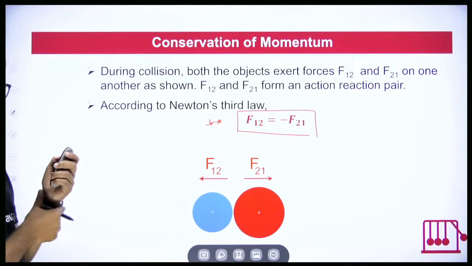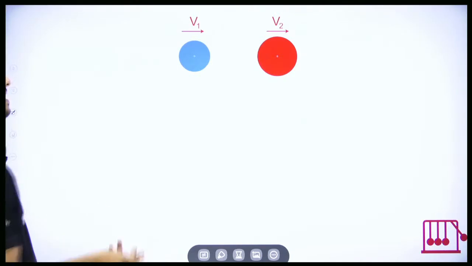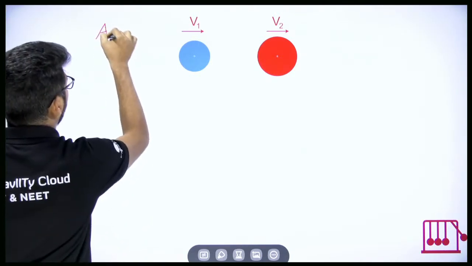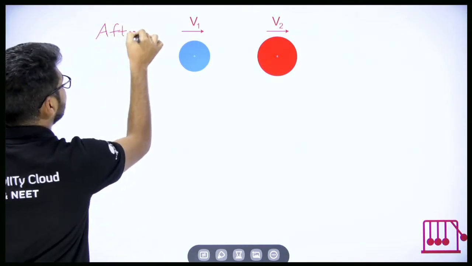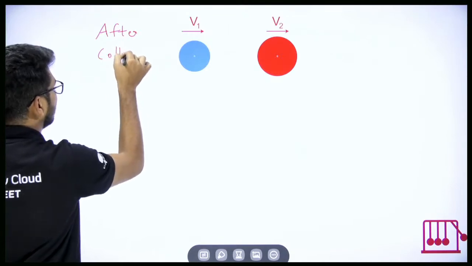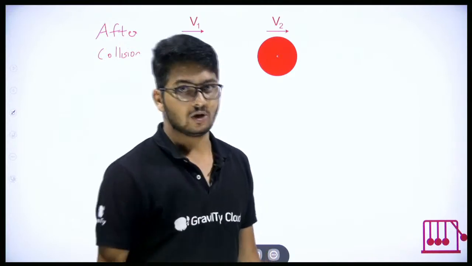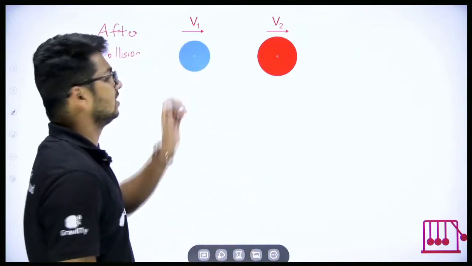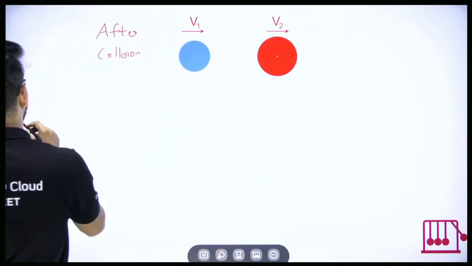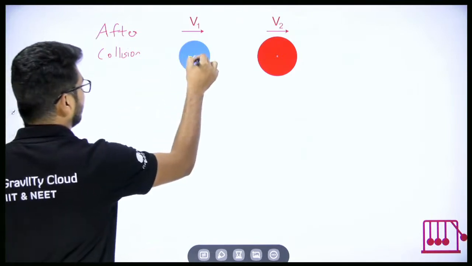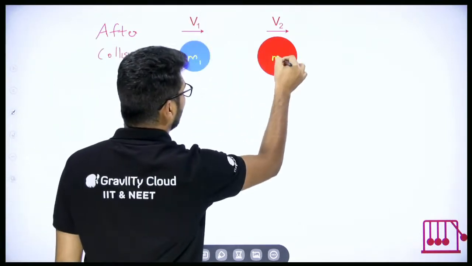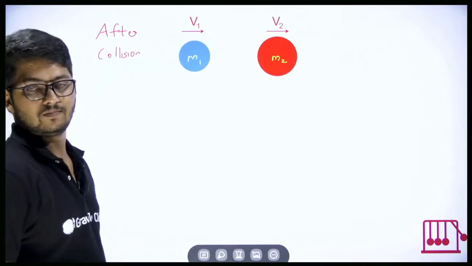Let's go on further. Now the final case, that is after collision. Obviously, you can see that during collision the velocity has changed. So after collision, let's say the velocity of the object of mass m1 is v1, and of mass m2 is v2.